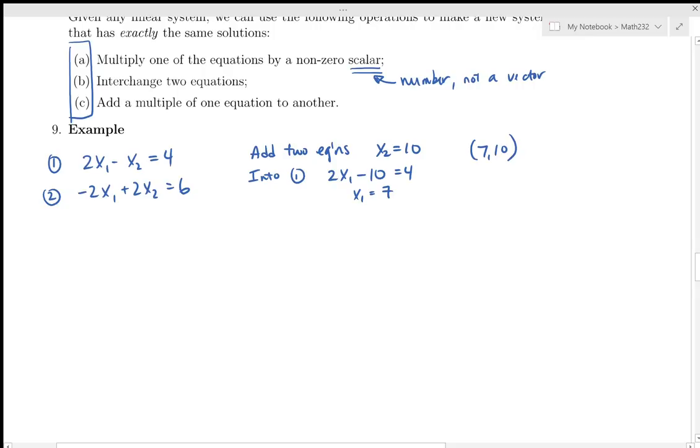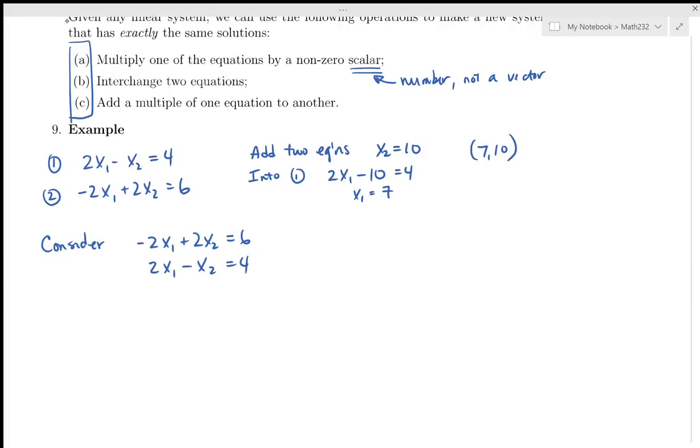Now we're going to notice a few things. We have a system of 2 linear equations, and we found the solution set. Now consider this system: minus 2x1 plus 2x2 equals 6, and 2x1 minus x2 equals 4. What have I done?